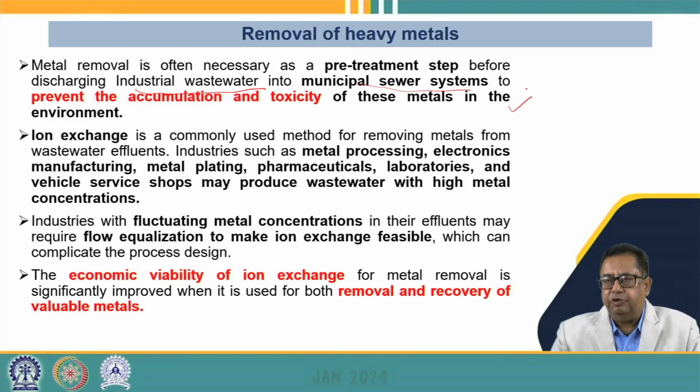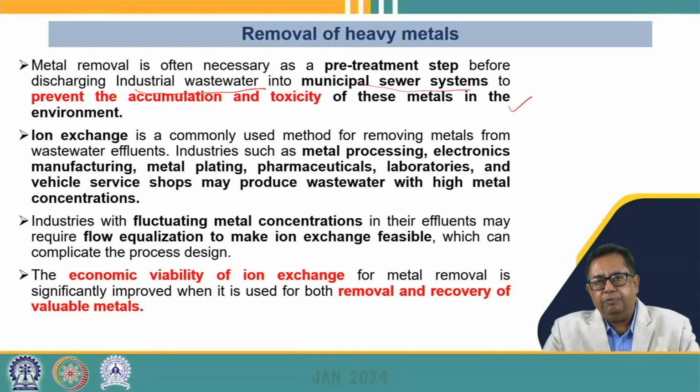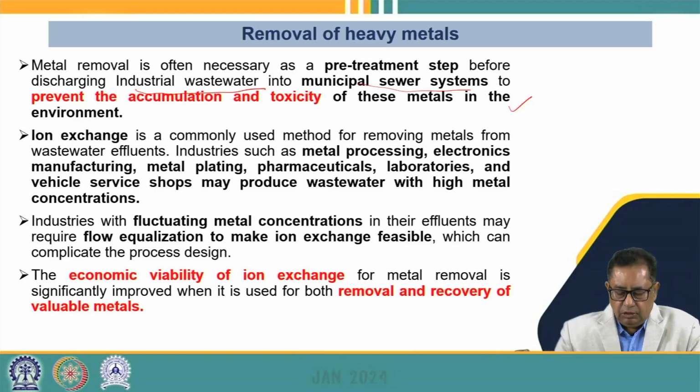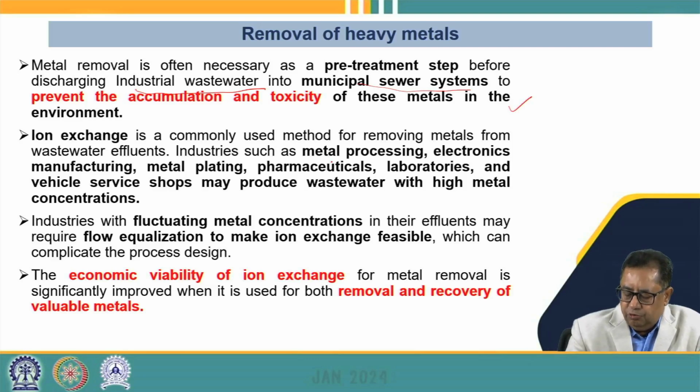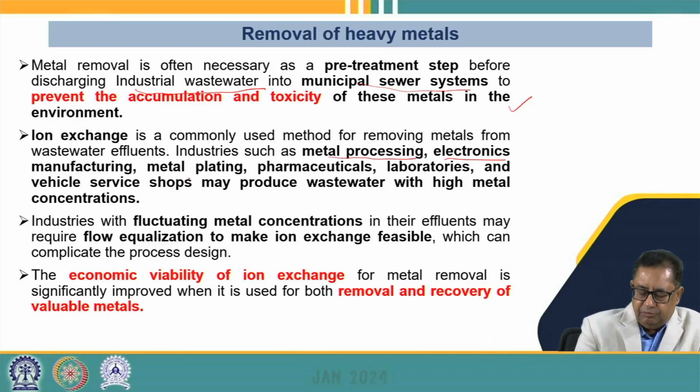So it is very necessary that when we are putting our industrial effluent into municipal sewer systems or any type of dedicated sewer systems, these metals are removed from the wastewater before going to the treatment plant. Here again the ion exchange process is used for removal of metals in various industries like metal processing, electronics manufacturing, metal plating, pharmaceuticals, laboratories, and vehicle service shops.